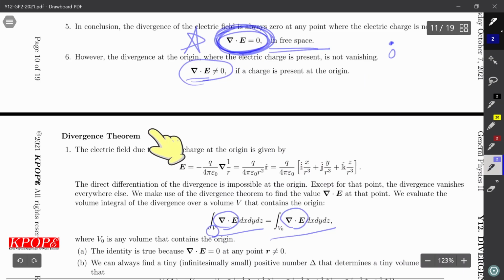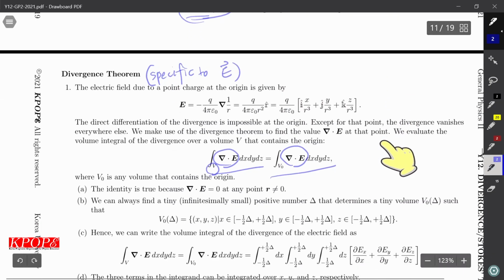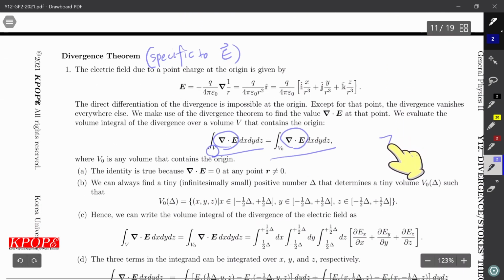This is specific to E field only. For simplicity, divergence E equals 0 in free space. If there is no charge, divergence E was 0. So this is the integrand. Integrand is 0 except for the origin.